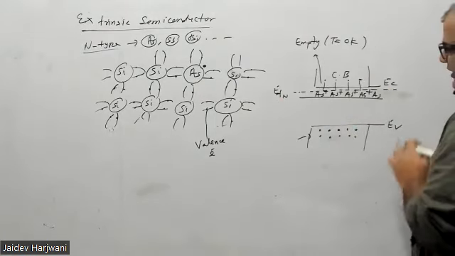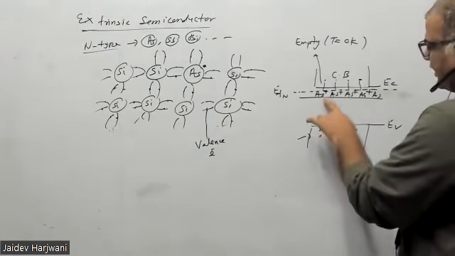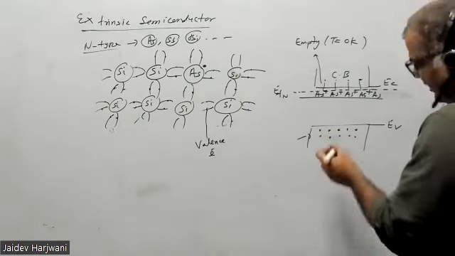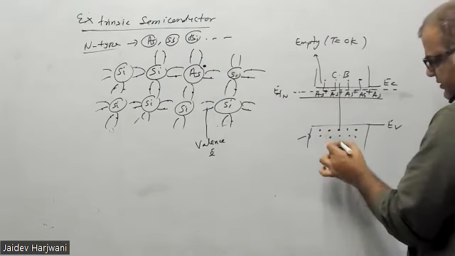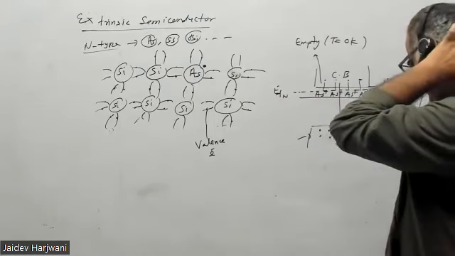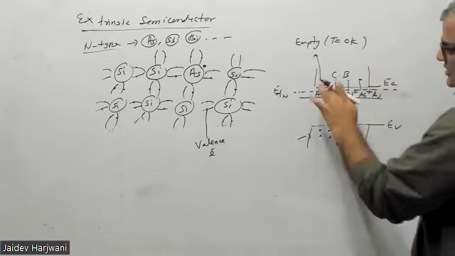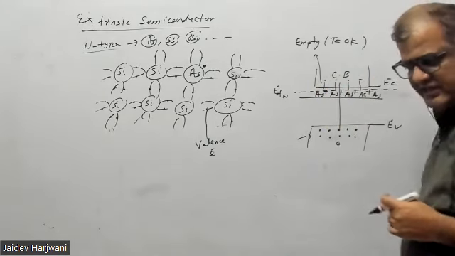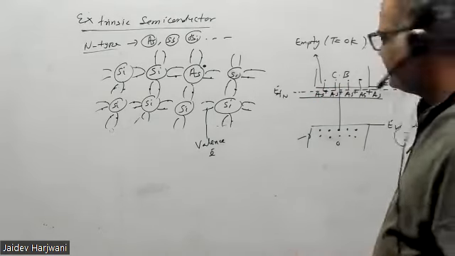So what is the point here? Now this electron can reach here. If you give some temperature, there is a finite probability that electrons from the valence band also can come here. The charge carriers which conduct the electricity are called majority charge carriers.